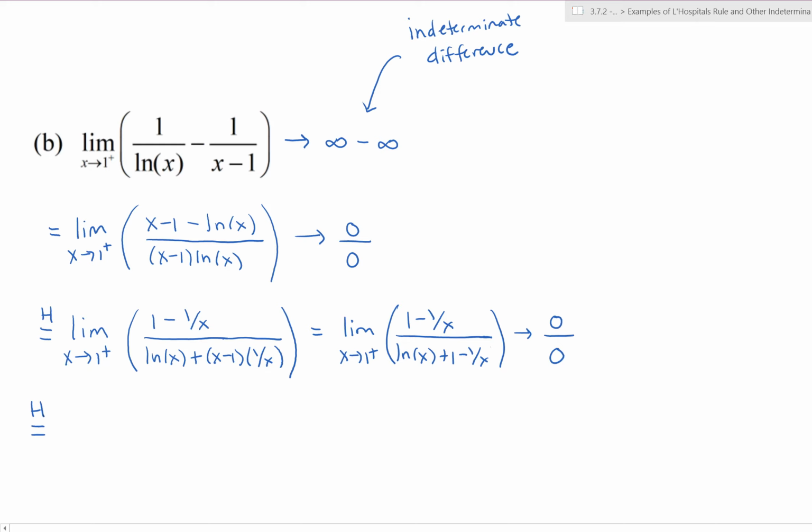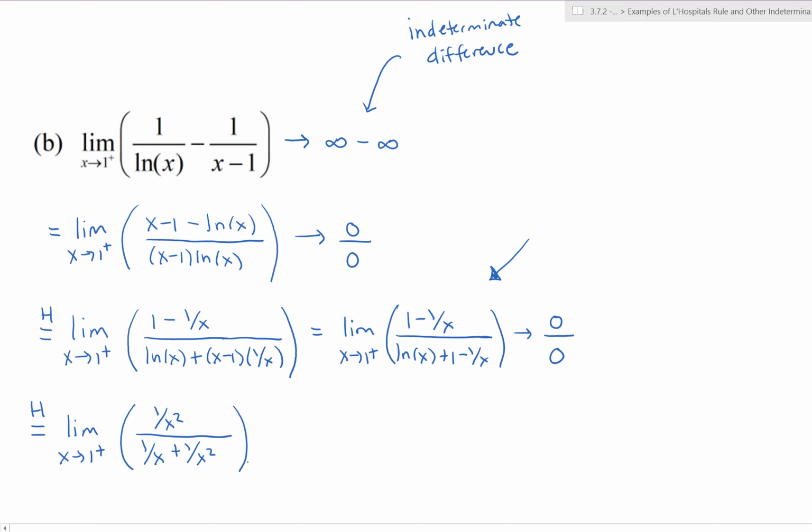Applying L'Hopital's rule once again, we get the limit as x goes to 1 from the right of, again, we're focusing on this function right there. Inside the limit, derivative of the numerator is going to give me a positive 1 over x squared in the numerator. In the denominator, derivative of the natural log of x is a 1 over x. Derivative of 1 is 0, and then plus a 1 over x squared.